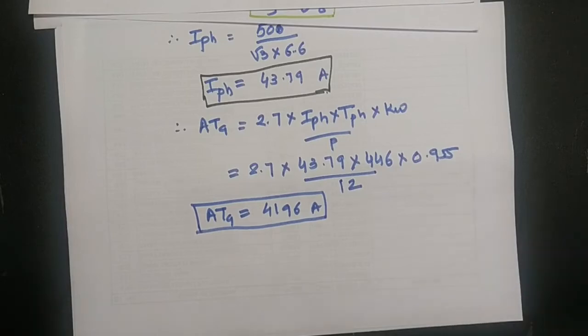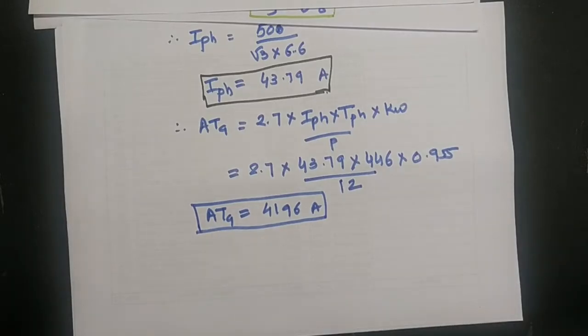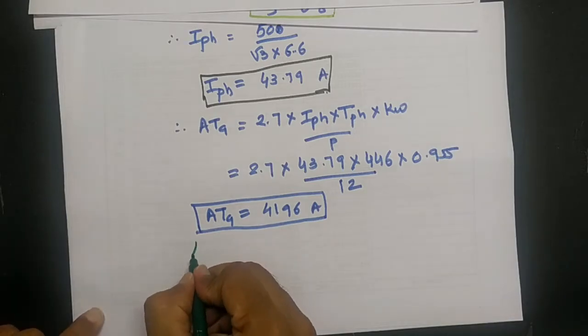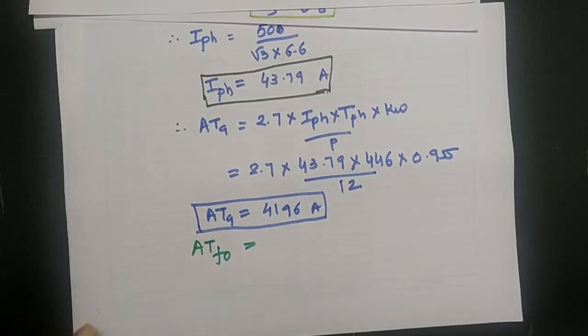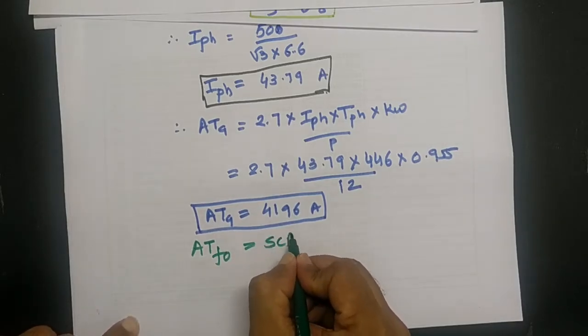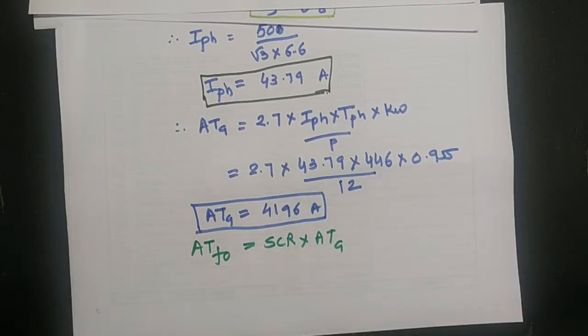So based on this value, ampere turns for the armature, now we have another equation, and that is ampere turns for the field at no load, that is SCR multiplied by ampere turns for the armature.